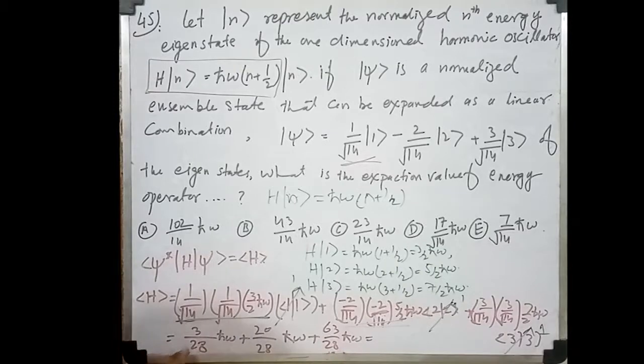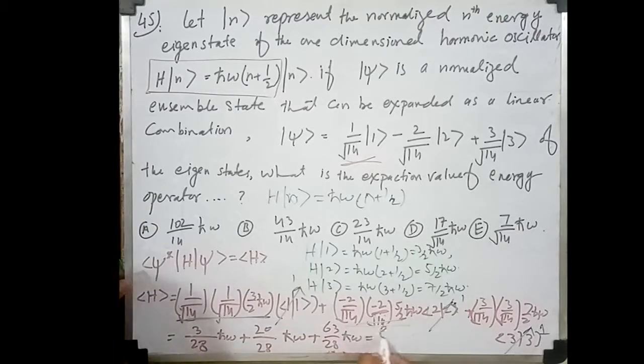If we add all these, 28 is the LCM, 3 plus 20 plus 63 is equal to 86 divided by 28 ħω.